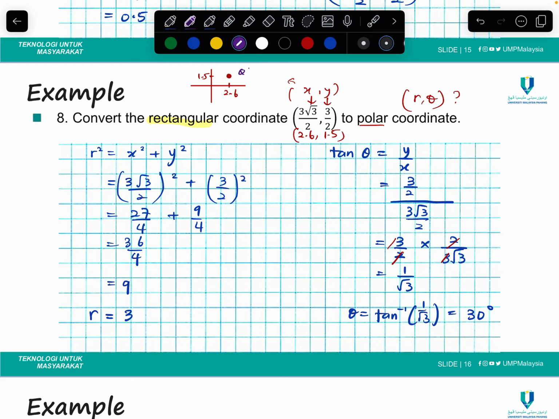So this is in quadrant 1, and we obtain 30 degrees also in quadrant 1. So it is consistent with the position. Now you can conclude your answer. Combine the elements. The polar coordinates are (r, theta), so write in r and theta form. So this is the answer.